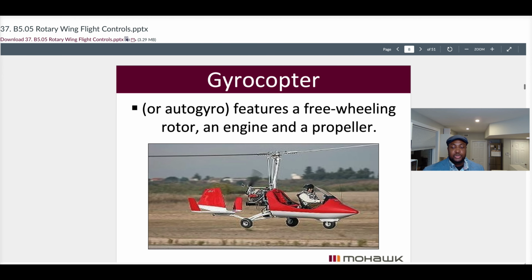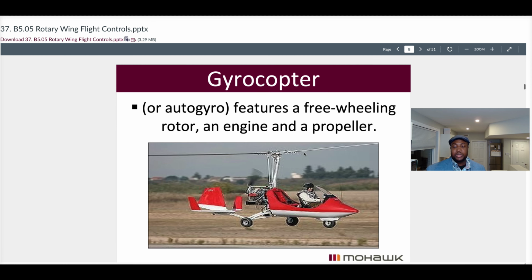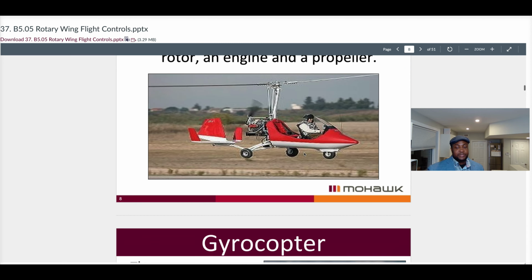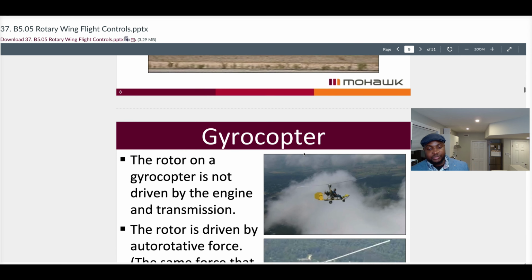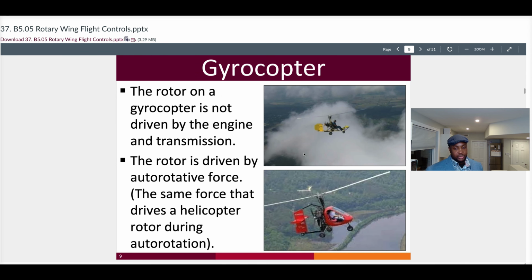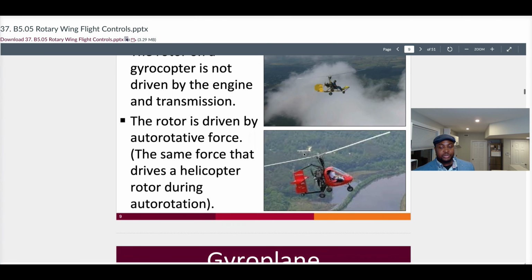The engine is used to create forward speed, and that allows the main rotor to freewheel and produce enough lift. The rotor on a gyrocopter is not driven by the engine and the transmission. The rotor is driven by the autorotative force, the same force that drives a helicopter during autorotation.